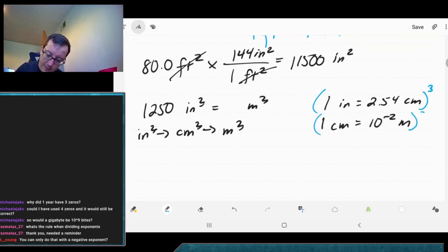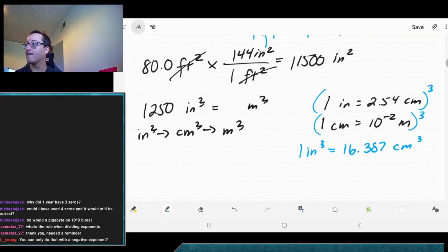Since all of these are going to need to be cubic units, inches cubed, centimeters cubed, meters cubed, we can see, aha, well, 1 inch cubed is 16.387 centimeters cubed. Hooray. And then 1 centimeter cubed is 10 to the minus 6th meters cubed.